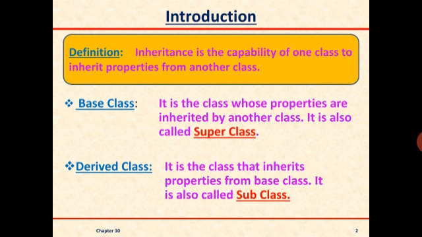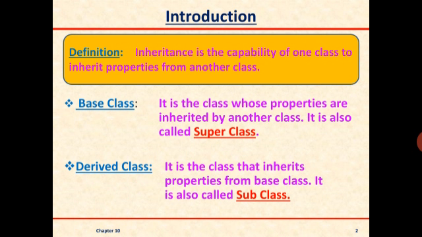Generally, a child gets the qualities or characters from its parents. Similarly, here in C++, one class can get the properties from another class. This is possible with the concept that is called as inheritance.